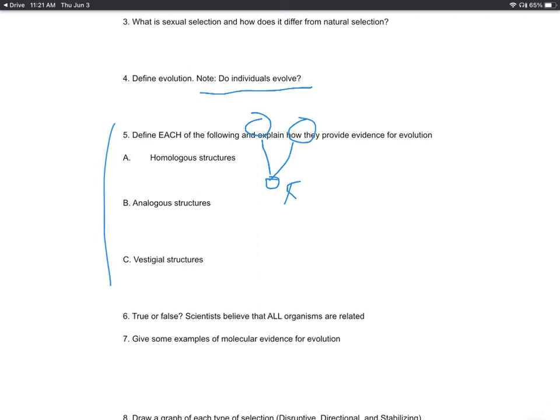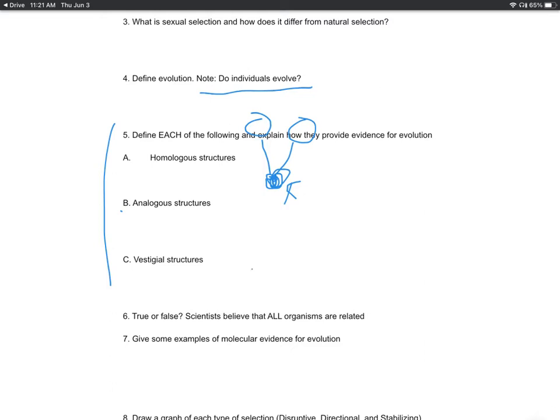So again, like the arm bone layout, the one big bone, two smaller bones, bunch of little chunky bones, and then finger bones, that sort of pattern evolved in some ancestral animal that all of these other animals now have.